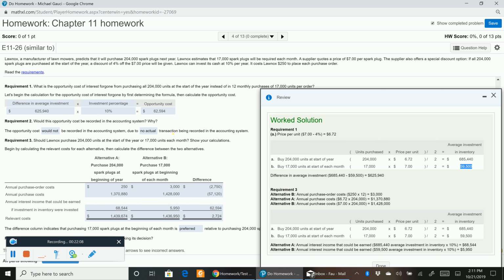Remember, once again, the opportunity cost is the benefit given up by choosing one alternative over another. So I am giving up $62,594 of potential investment earnings if I decide to buy the 204,000 units at the start of the year versus every month.